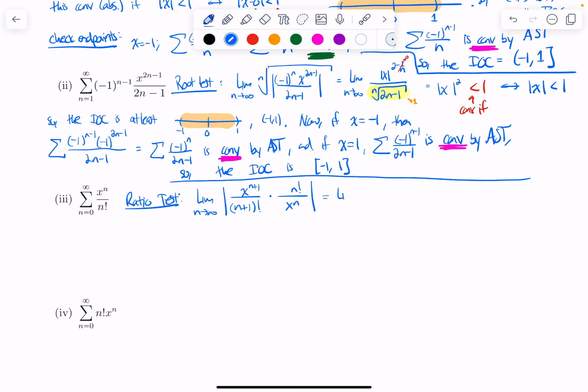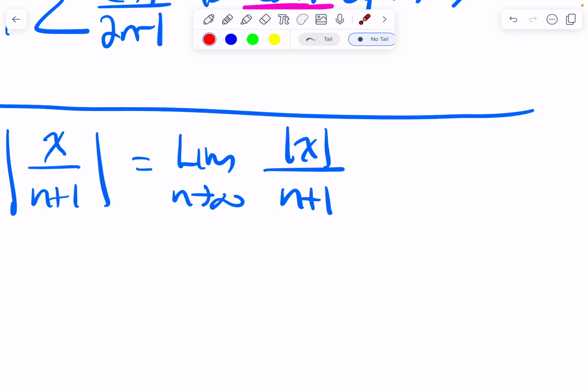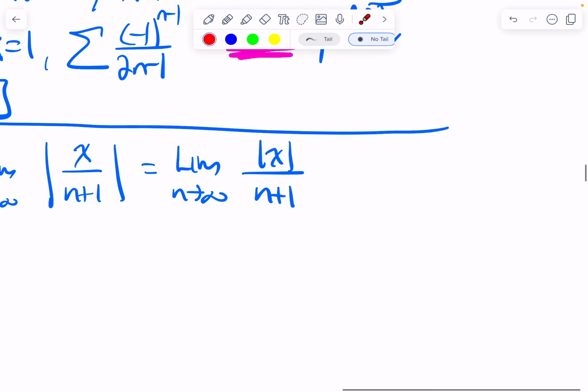If I simplify this, I'm going to get, it looks like, absolute value of x over n+1. Of course, the bottom is positive, but the x might not be, so the absolute value will persist upstairs. And what we see here, again, this is an n limit, so the bottom is blowing up, but the top, just a measly x, has no bearing on the limit, so this is actually going to get pizza tricked.